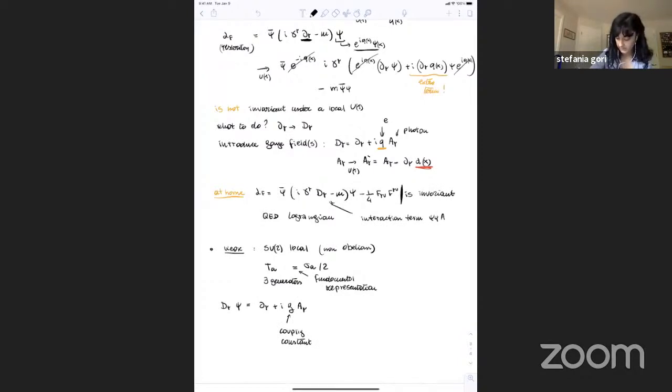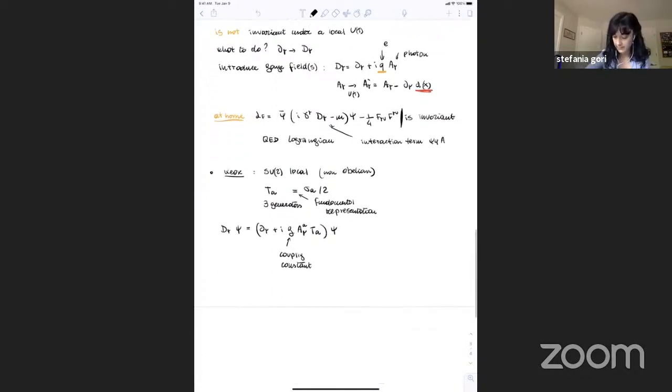Let's write explicitly W mu A, and then T^A times psi. Now these gauge bosons here, we have 3 gauge bosons, because notice that here we have an index A that goes from 1 to 3.